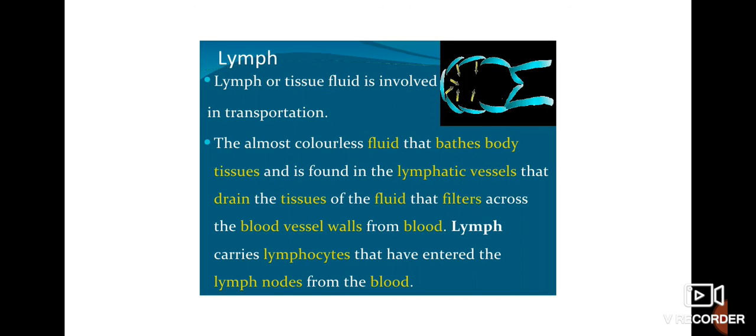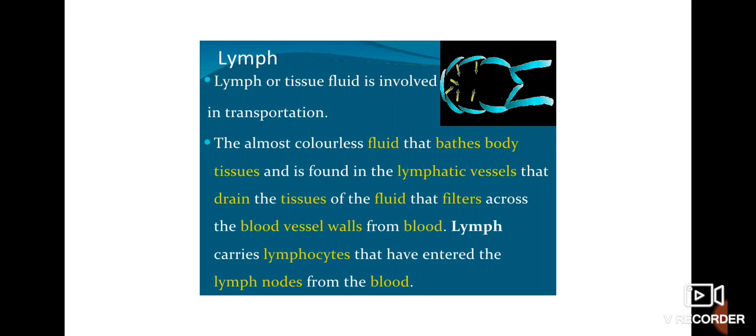Now finally, just like blood, our body has another circulating fluid called lymph or tissue fluid. Whenever blood is passing through the capillaries, there are minute pores in the capillaries through which proteins, lymphocytes and so on seep out into the tissue spaces.